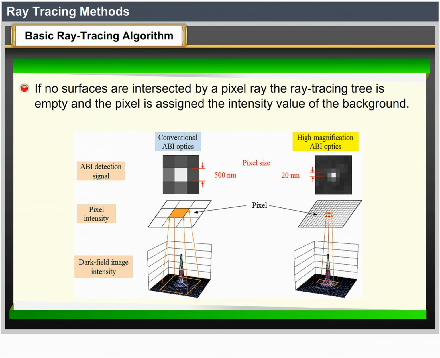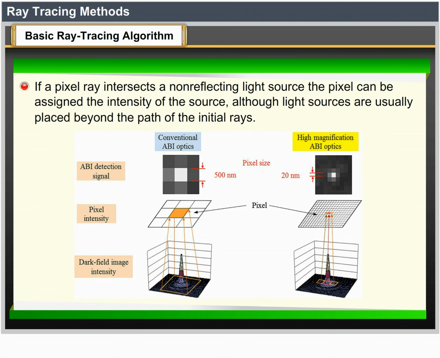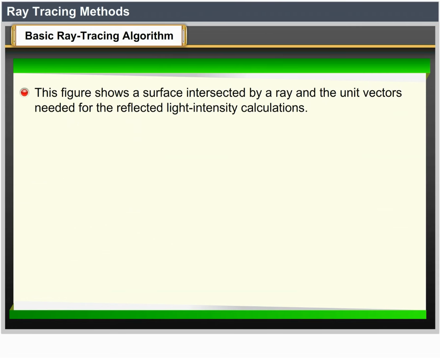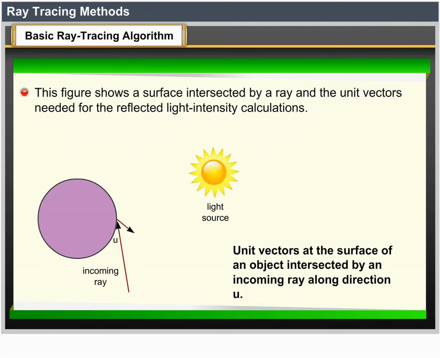If a pixel ray intersects a non-reflecting light source, the pixel can be assigned the intensity of the source, although light sources are usually placed beyond the path of the initial rays. This figure shows a surface intersected by a ray and the unit vectors needed for the reflected light intensity calculations.